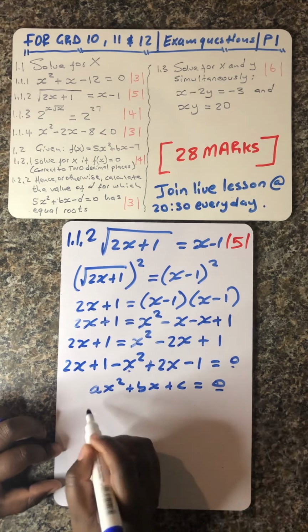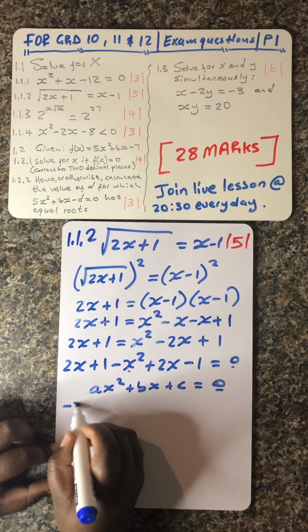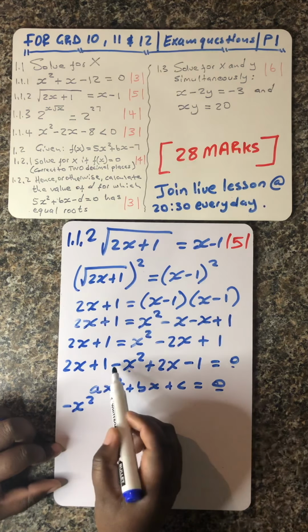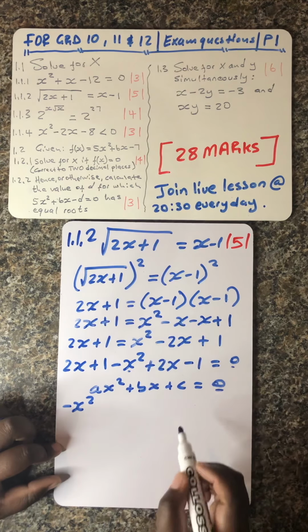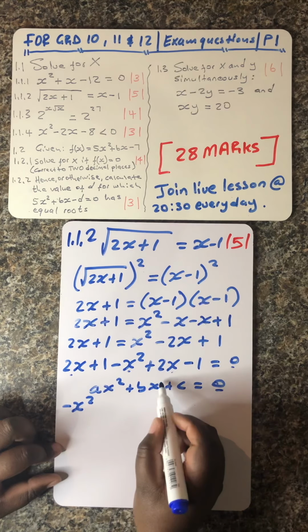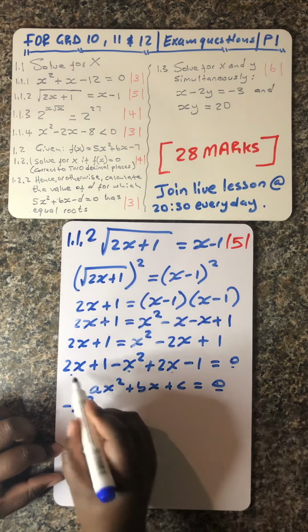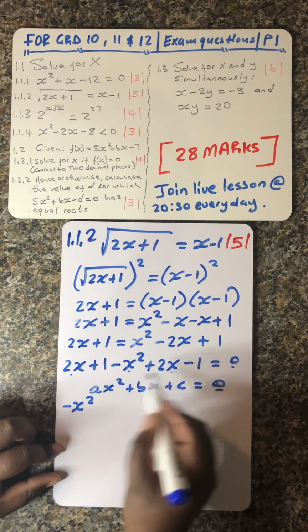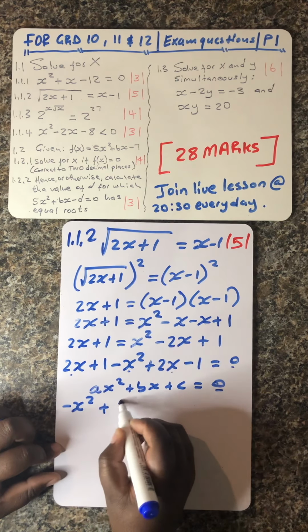So that means it will be negative x squared, and then you work out these values with x so that you can derive that bx. So 2x plus 2x is equal to 4x.